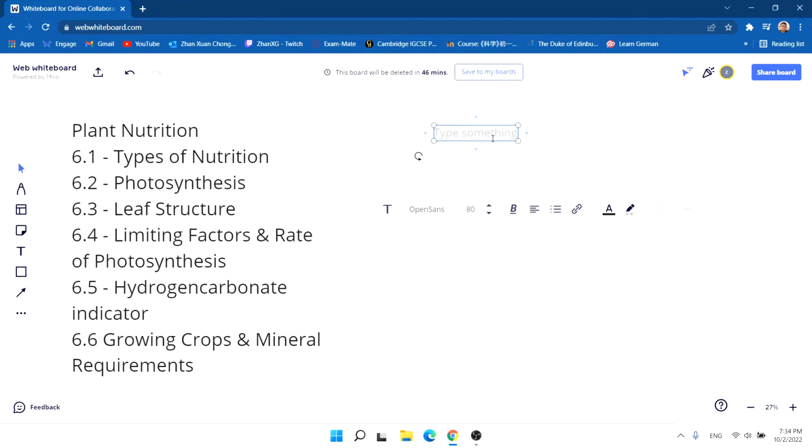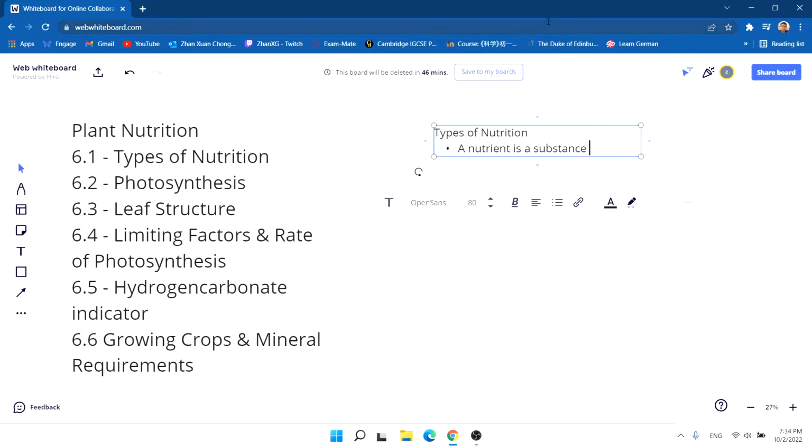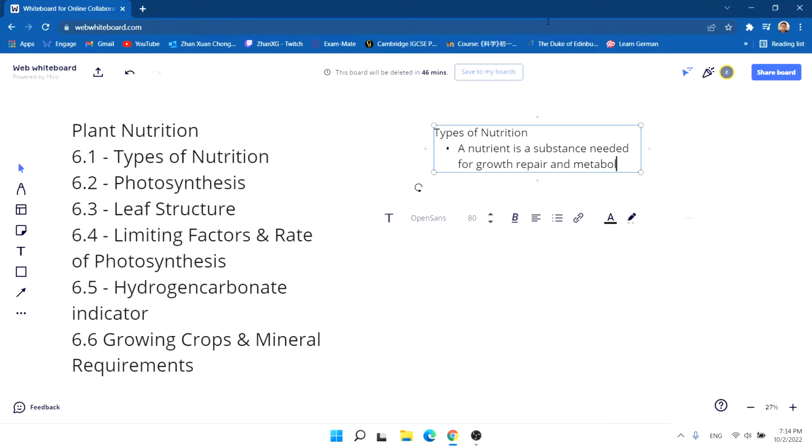So remember that a nutrient is a substance which is needed for growth, repair, and metabolism. And then we have two types of nutrition: animals and fungi are heterotrophs.